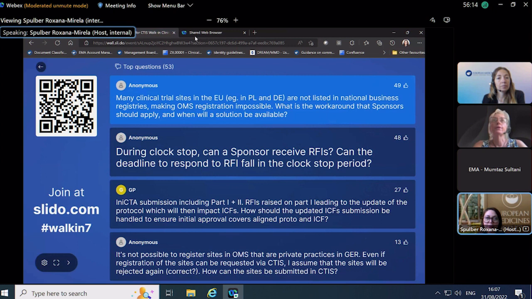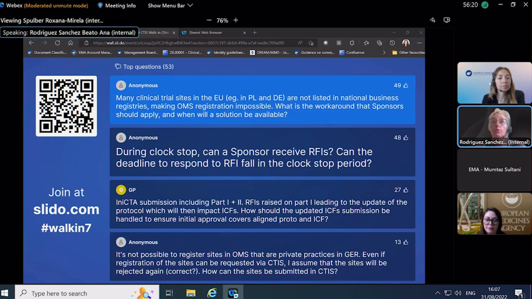Okay, thank you, Rosanna. For this question, just to let you know that we know about this concern, and we are working internally to find a solution. It's not an easy solution because we have to decide if this is something that we can address in OMS, the organization management system, which in principle is out of scope, or if it's something that we should manage in CTIS, which will require a change to the system.